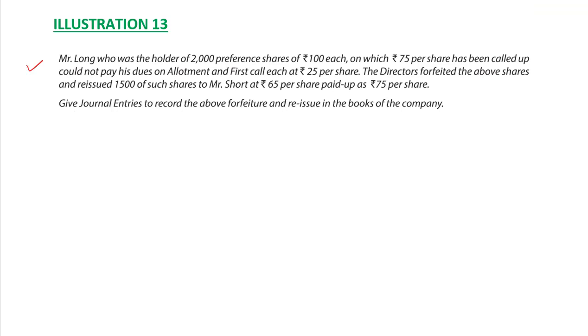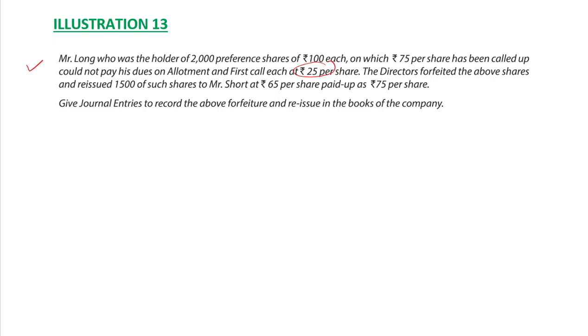Illustration 13. Mr. Long, who was the holder of 2000 preference shares of 100 each, on which 75 per share has been fully called up, could not pay his due on allotment on first call each at 25 per share.